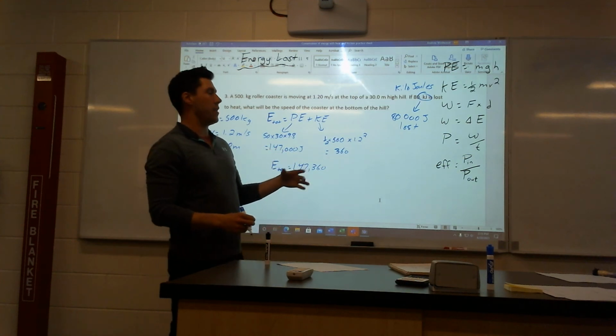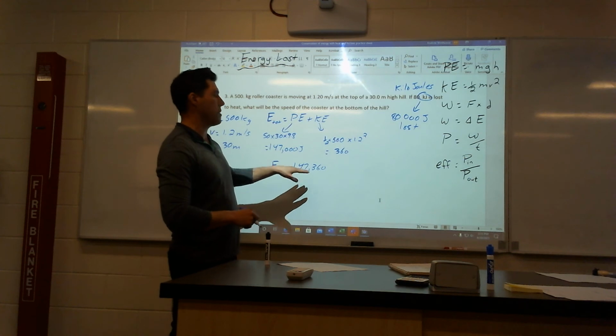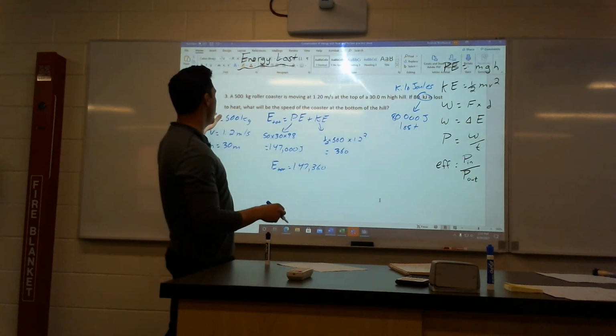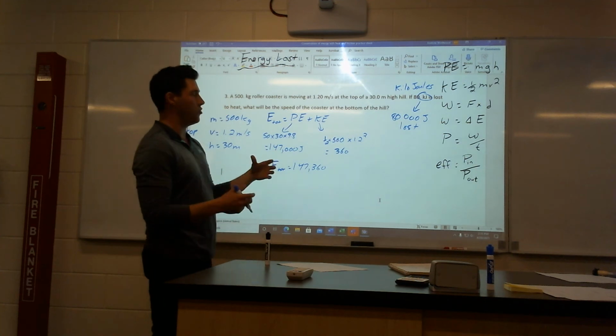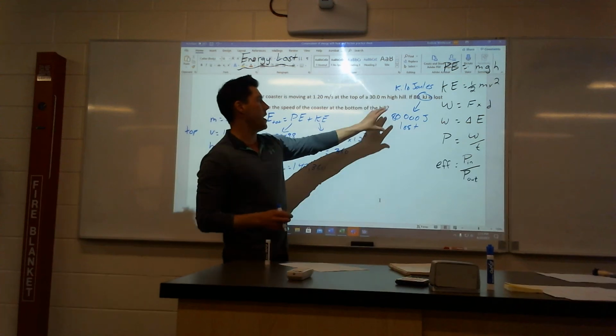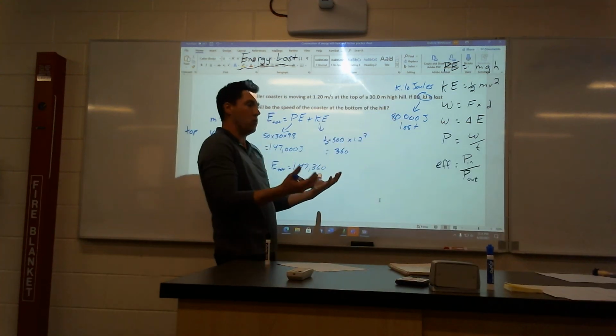Technically, again, if I had no friction or no energy lost, I could just take this, plug it in, and find my new velocity at the bottom. But I have lost energy. Okay, it says I lost 80,000 joules or 80 kilojoules to heat. So basically, I'm going to take this and minus it from my energy total because that's how much energy I lost.